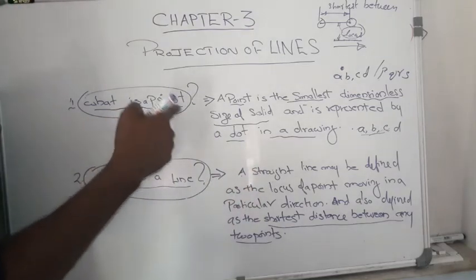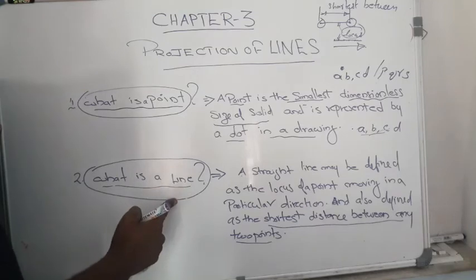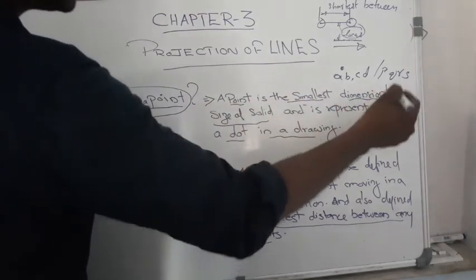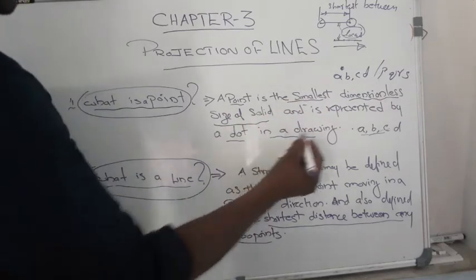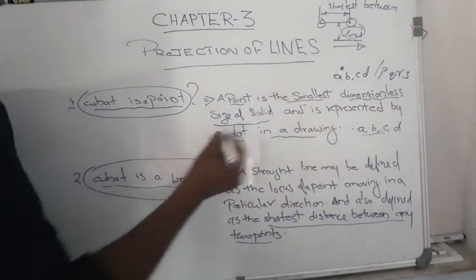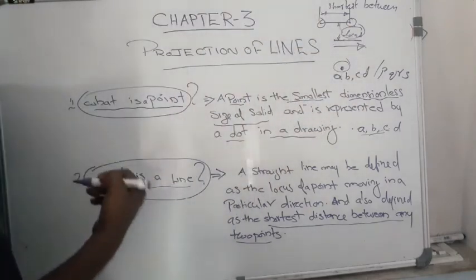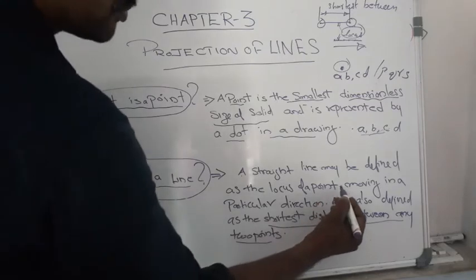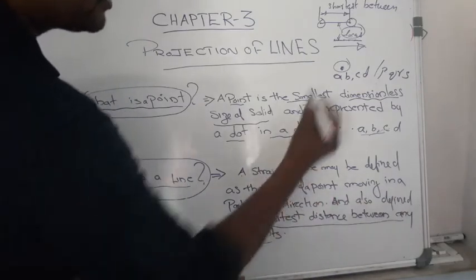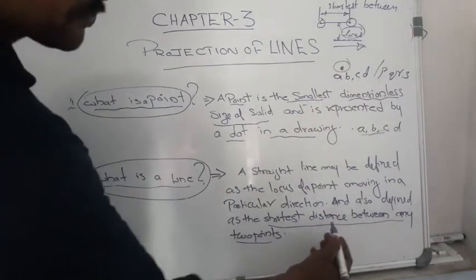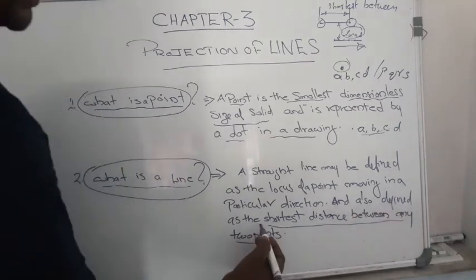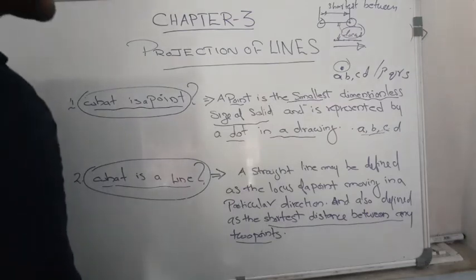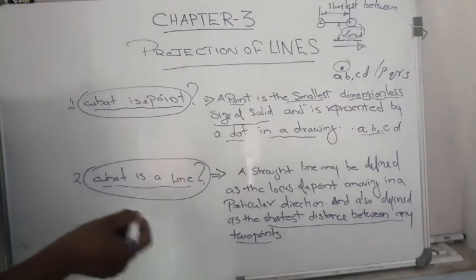What is a point? What is a line? Once again, a point is the smallest dimensionless size of a solid and is represented by a dot. And a straight line may be defined as the locus of a point moving in a particular direction, or also defined as the shortest distance between 2 points is called a line.